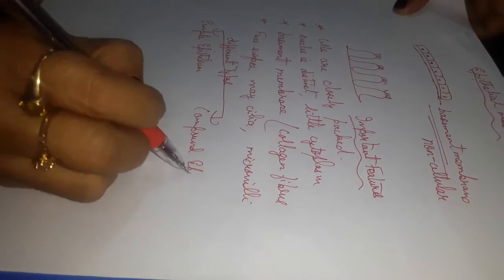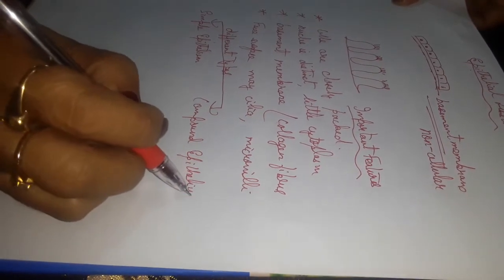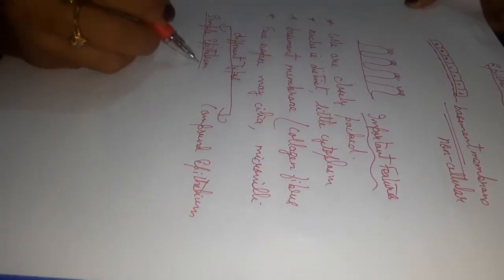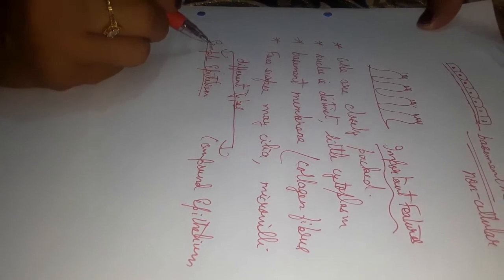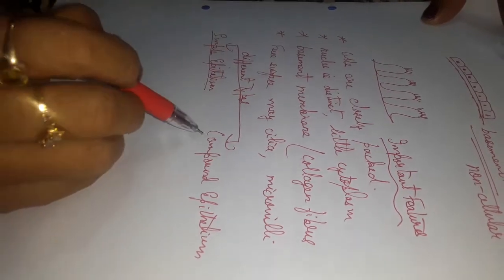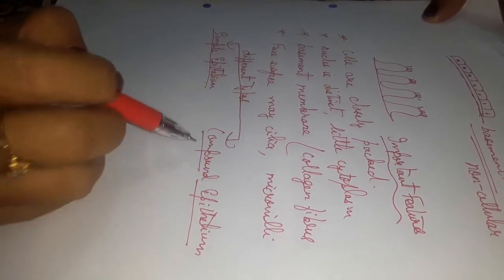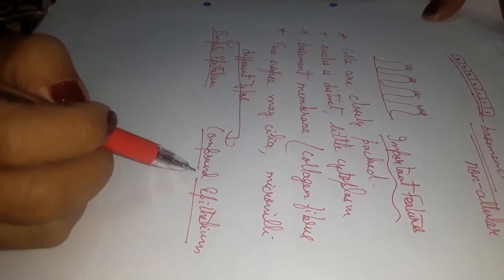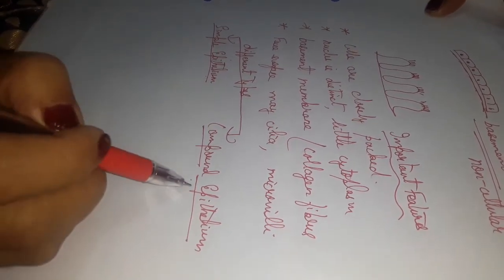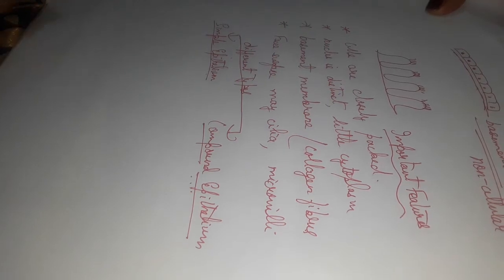We shall discuss one by one. Simple epithelium, from the name itself, means they are made up of only one type of cells, whereas compound epithelium is many layered and may be made up of more than one type of cells.